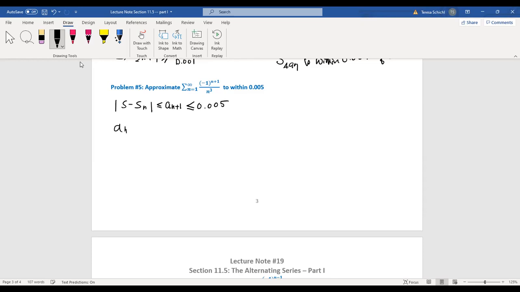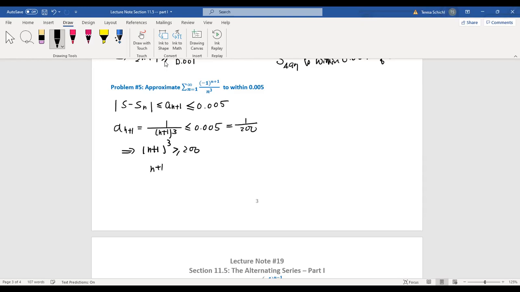So a_{n+1} is what? It's 1 over (n+1) to the cube power, right? It is less than or equal to 0.005. 0.005, in fact, is 1/200. So you can find that (n+1) cubed is greater than 200.